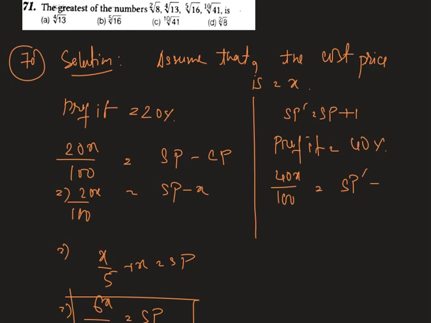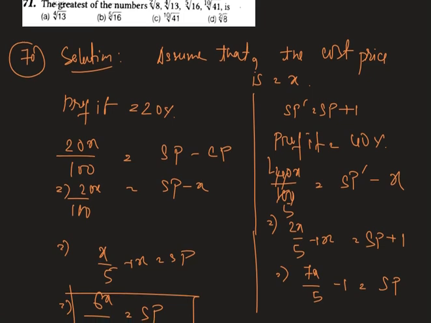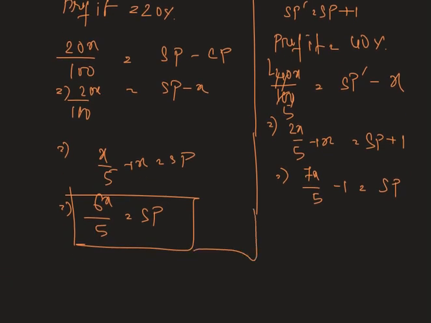The cost price is nothing but X. So we have 2x by 5 plus X is equal to SP plus 1, and it can be written as 7x by 5 is equal to SP plus 1.